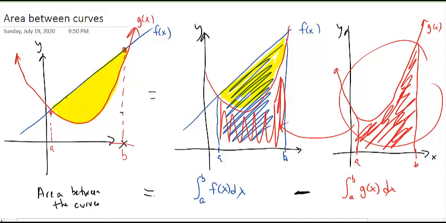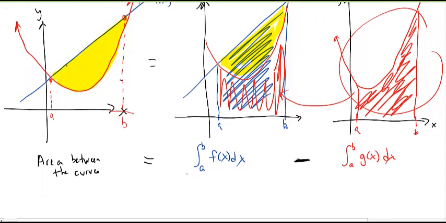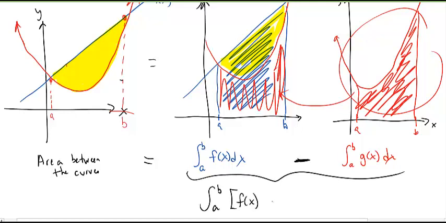So the area between the curves is really the higher function, finding the area underneath that graph, minus the lower function. And sometimes this can be combined and written as the integral of f of x, the higher function, minus g of x, the lower function, and then our notation with dx.